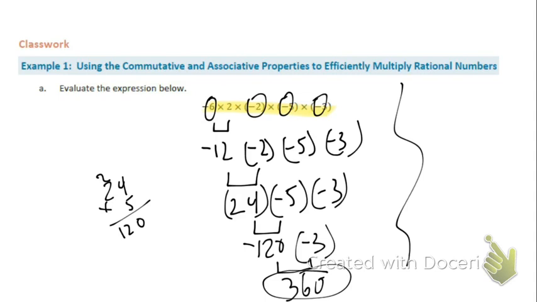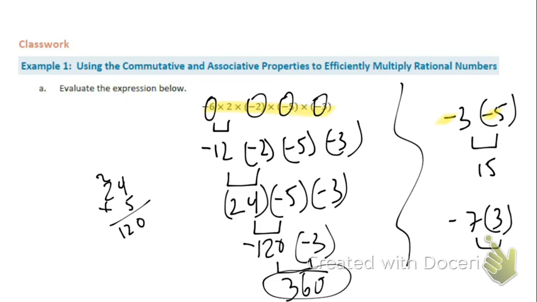For example, right here, just a basic problem, we've got 2 negatives, so you know the answer is positive. You can think of it as the negatives cancel each other out and make it positive. But when I'm doing negative 7 times 3, that gets you negative 21, because how many negatives are there? There's only 1 negative, so you know your answer is going to be negative. And real quick, up at the top, negative 5, negative 3, negative 2.